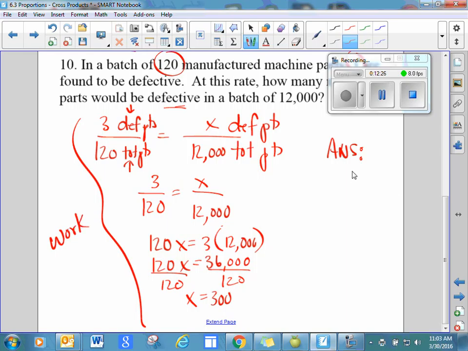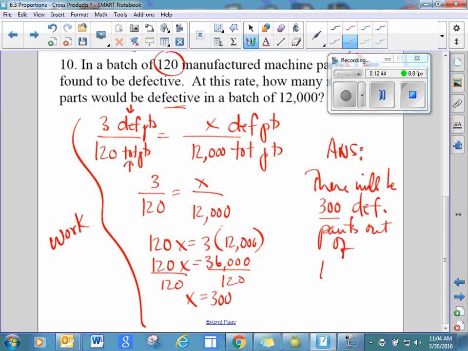Your answer needs to look like this. There will be 300 defective parts out of 12,000 total parts. Every bit of this needs to go in your answer. Woo, lost the 12,000.